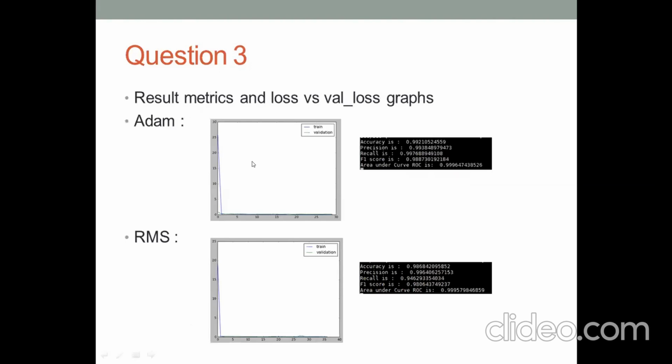So in here, since question 3 was repeating 2A and 2B, if I'm correct, we can see the train loss versus validation loss and accuracy metrics for the 2B, I think. So for Adam, as predicted, we will see later that Adam will get the highest one, 0.992.